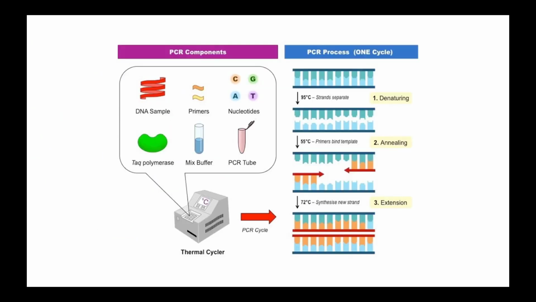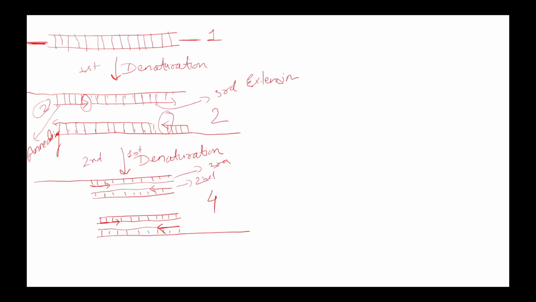For the denaturation, we are providing a high temperature to the DNA. Upon getting the high temperature, both the DNA strands are separated, the hydrogen bonds between them are broken.